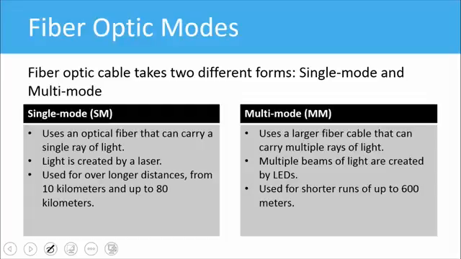Just mind-boggling. Multimode is a larger fiber, so there's a larger fiber density, and that actually carries multiple rays of light. And the way that this happens is that LEDs are used in order to beam light at different angles in order to transfer the speed. So I can't really do it with my two fingers here, so I apologize.